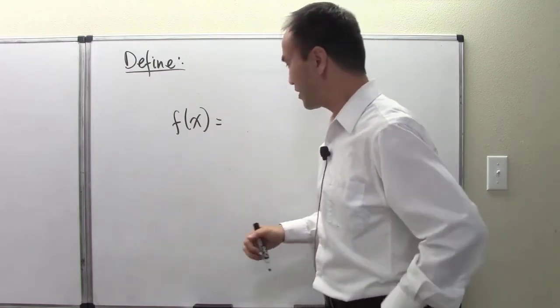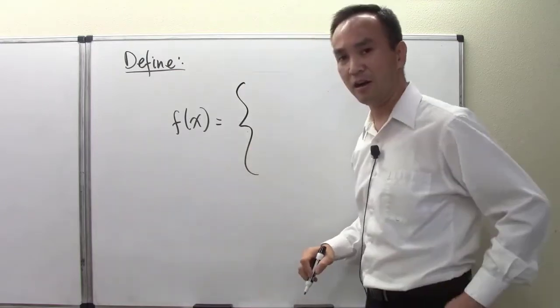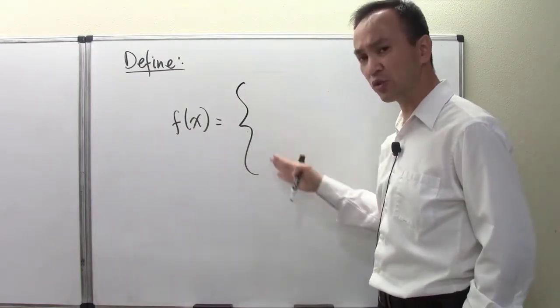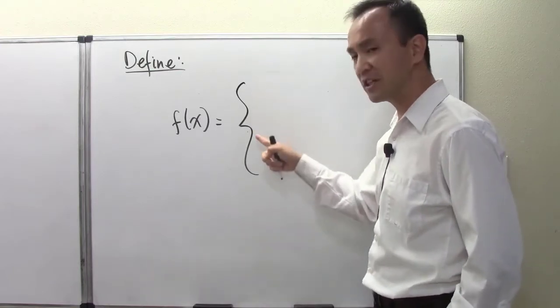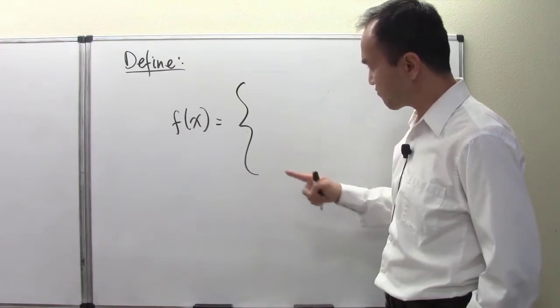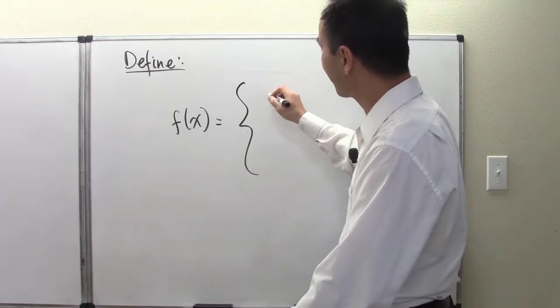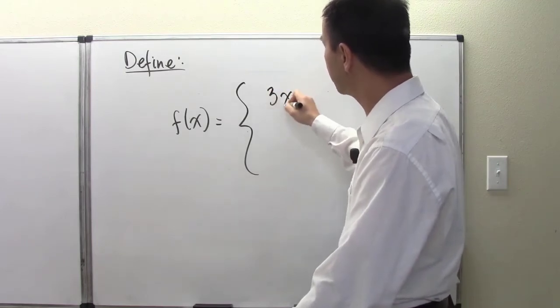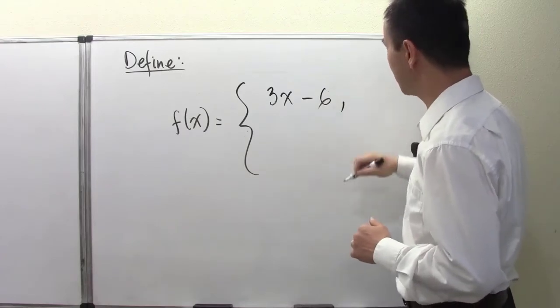Now I'm going to open vertical curly braces, which is usually the way it's written, and write the following. There's 3x minus 6, with a comma.